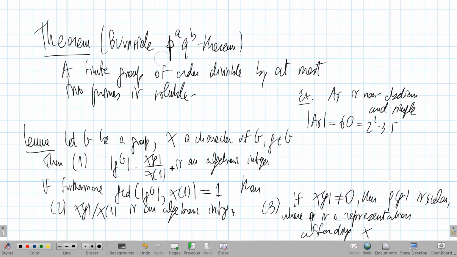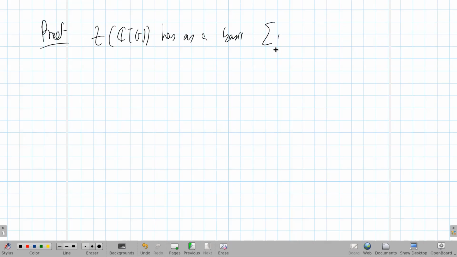So remember that we have proved earlier that the center of the group algebra has as a basis the sums of conjugacy classes, for g in G. Remember that this means that you take the distinct elements of the conjugacy class and you take their sum, as a C basis. And so this is the center.